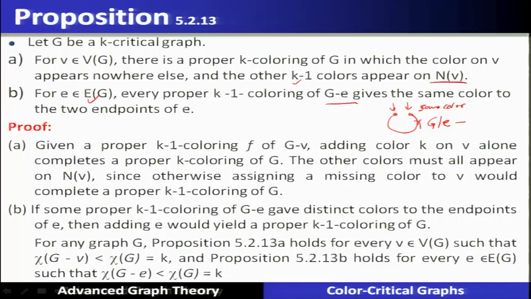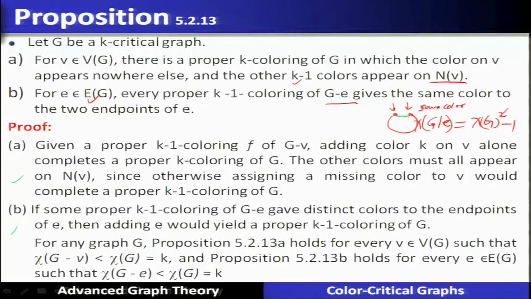Hence chi of G minus e will be chi of G minus 1, because in G, these two vertices which have an edge may not have the same color, they may receive different colors. Hence, this is the proof.